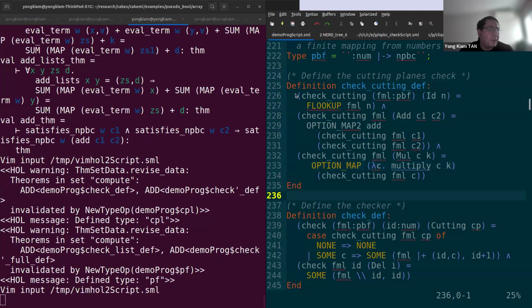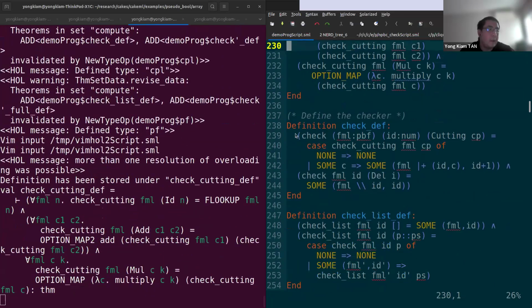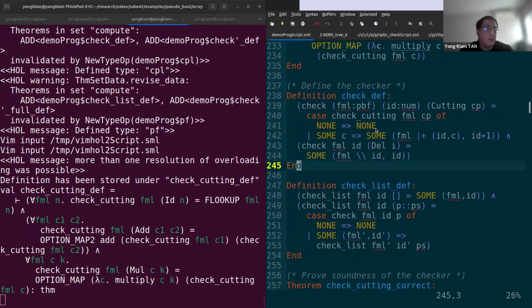One thing, if you're familiar with functional programming, is that here I'm using an option type to return, for example, none if the lookup fails, or otherwise the constraint that was derived. Then I can define the top level checking function, which is just running the steps as you'd expect.